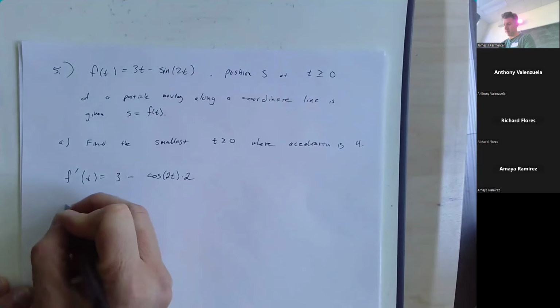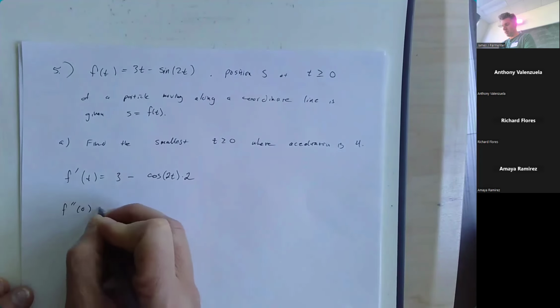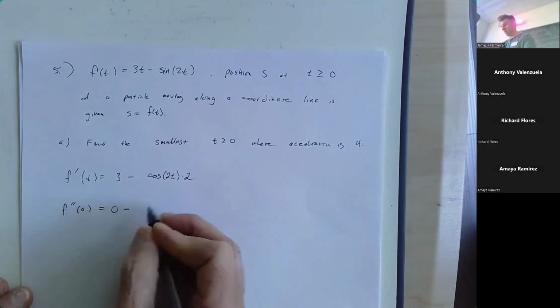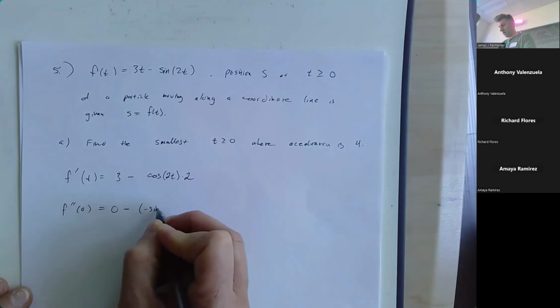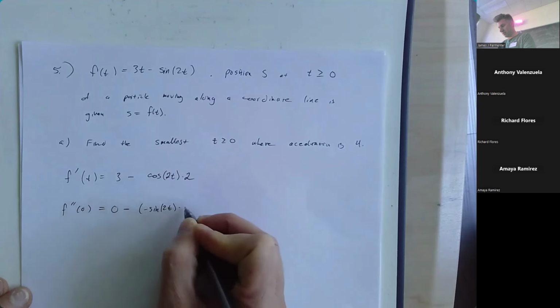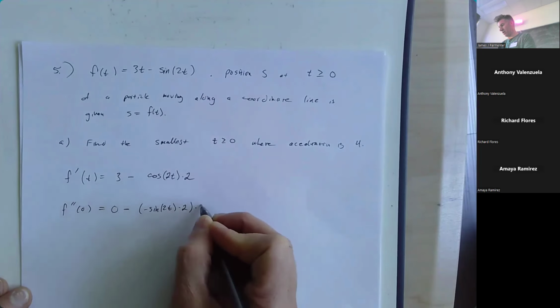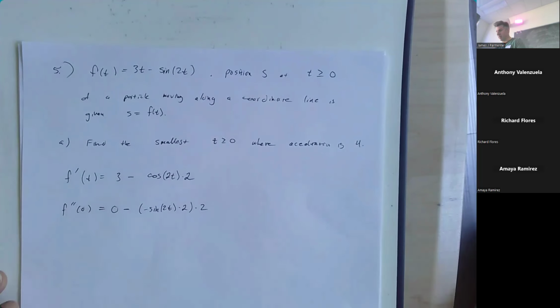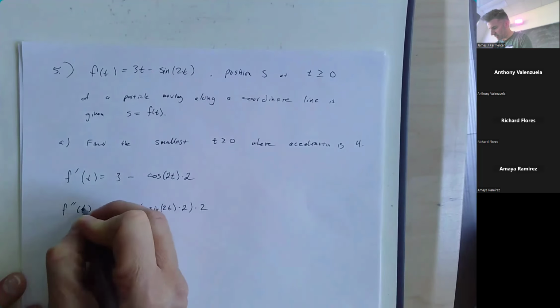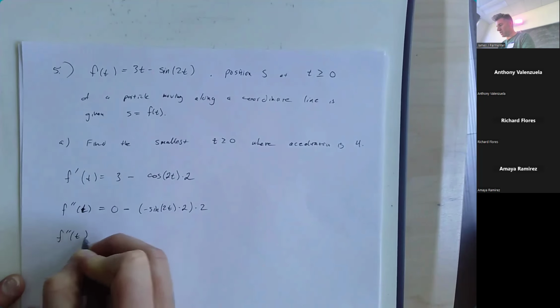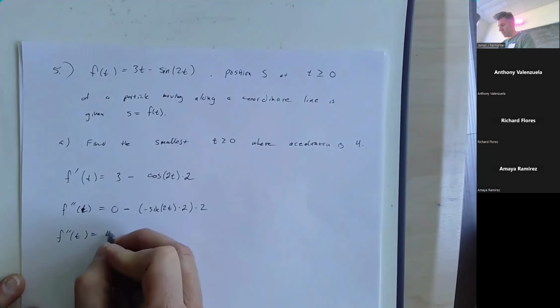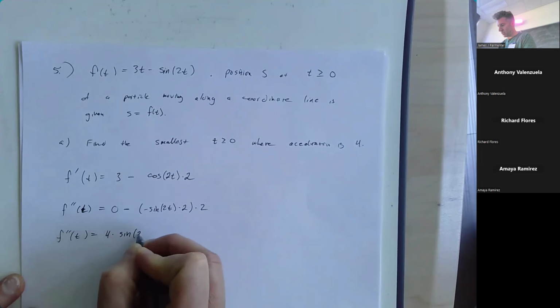And then the second derivative: the derivative of cosine of some stuff is negative sine of that stuff times the derivative of that stuff, and then we also have another 2 already out there. So my second derivative is equal to 4 times sine of 2t.